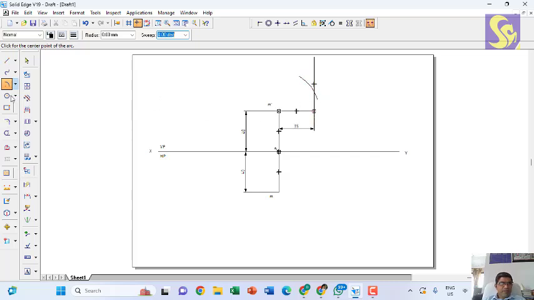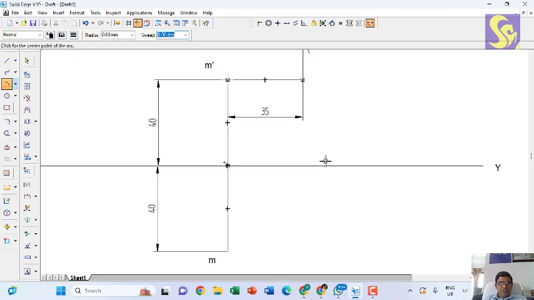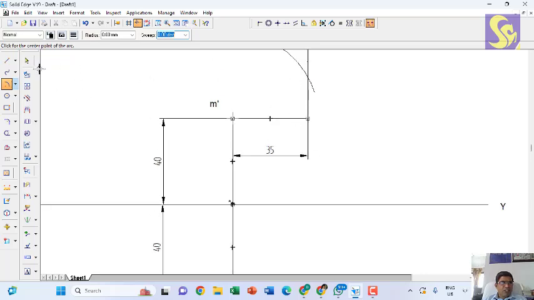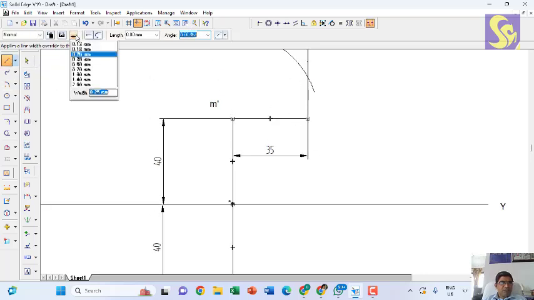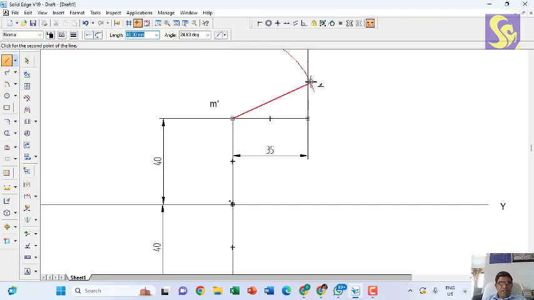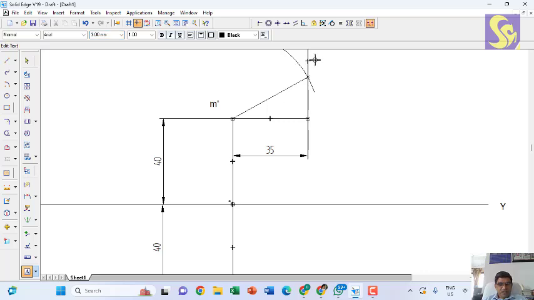The intersection of this arc with the projector is the half true length. So from M, if I connect this, this is going to be B1 dash, B1 dash, the true length line.